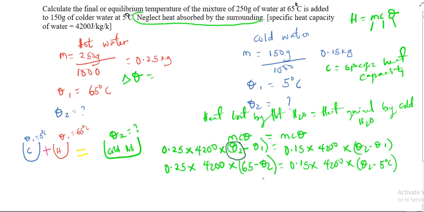So let's do some arithmetic now. 0.25 multiplied by 4,200 is equal to 1,050, multiplied by 65 minus theta 2, equals 630 multiplied by theta 2 minus 5.